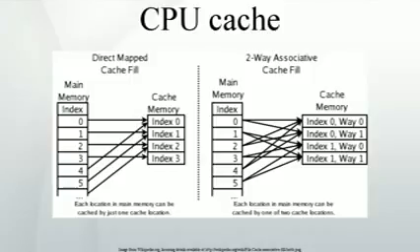2-way set associative cache. If each location in main memory can be cached in either of 2 locations in the cache, one logical question is, which one of the 2? The simplest and most commonly used scheme, shown in the right-hand diagram above, is to use the least significant bits of the memory location's index as the index for the cache memory, and to have 2 entries for each index.